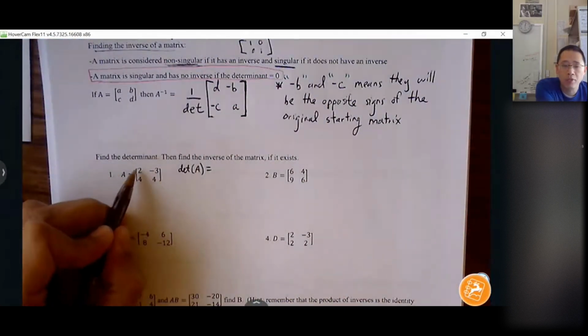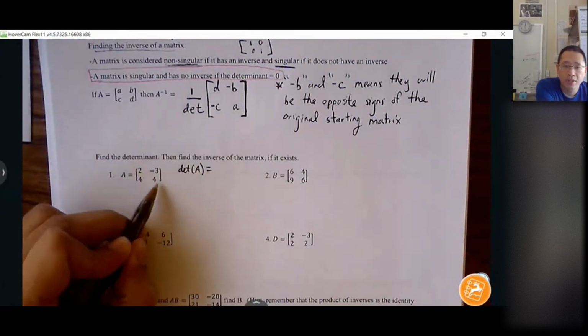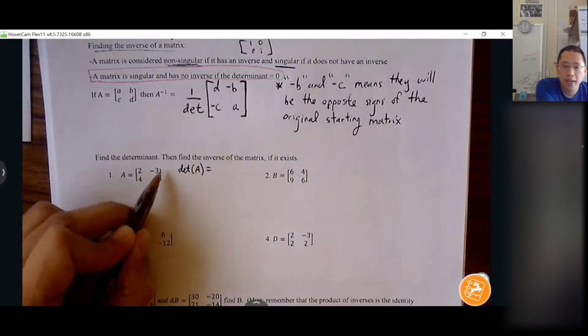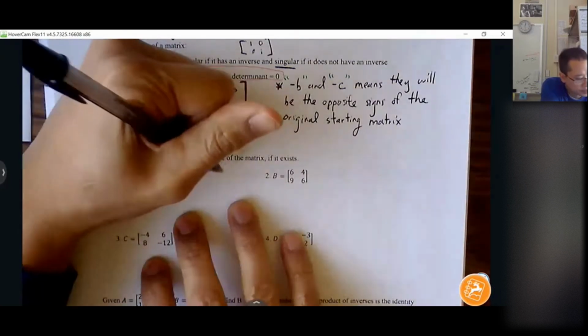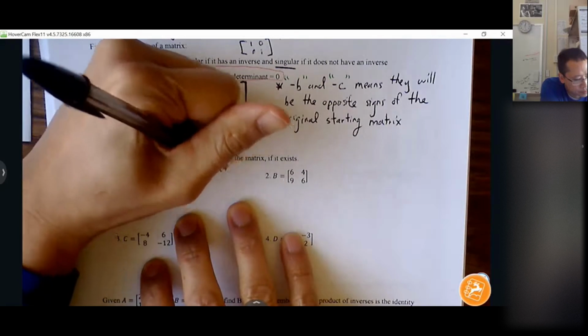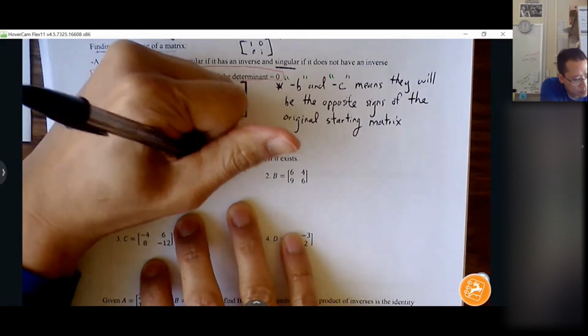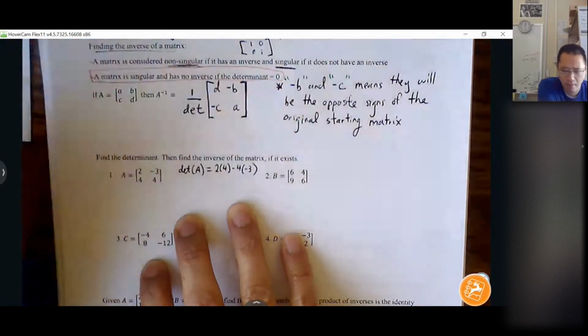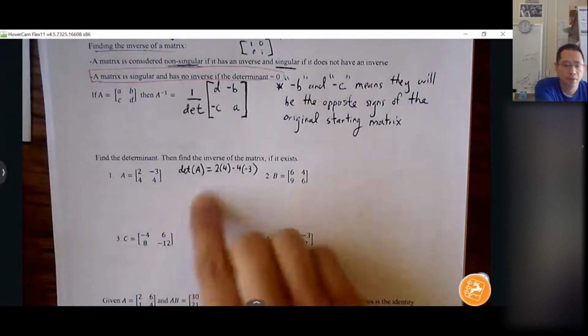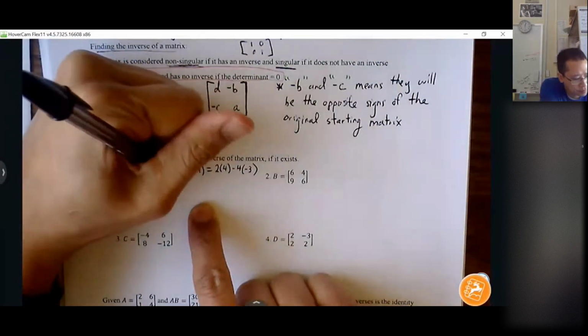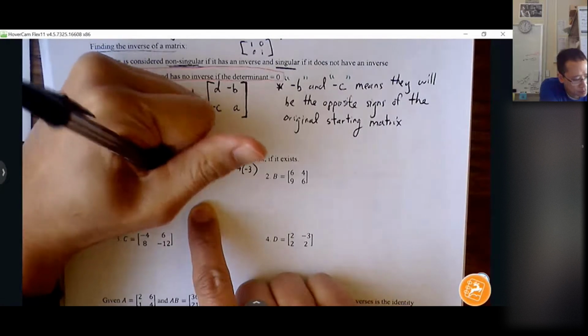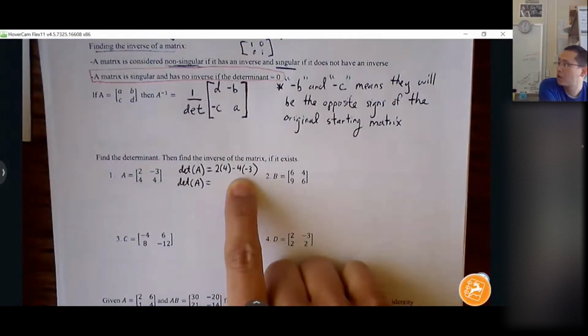So starting at the upper left corner, we start off with that diagonal, A times D minus B times C. Eight plus 12 is 20.